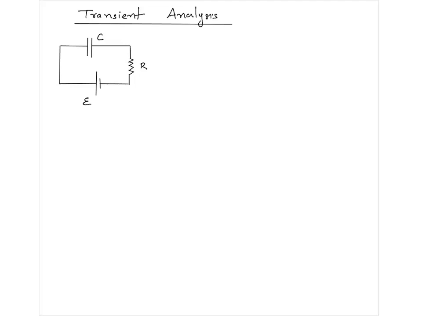Now there may be a switch that I have not shown. Imagine this circuit is there and the capacitor is not charged initially, and you connect the switch. The capacitor will get charged. As current flows, positive charges will be deposited here.